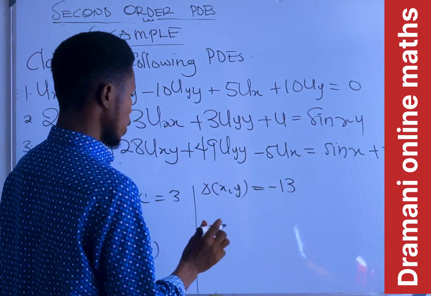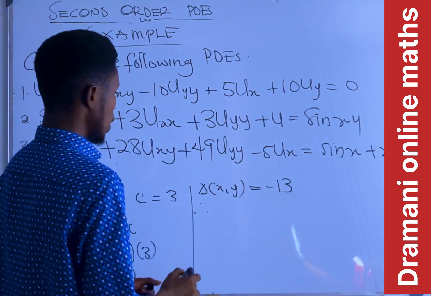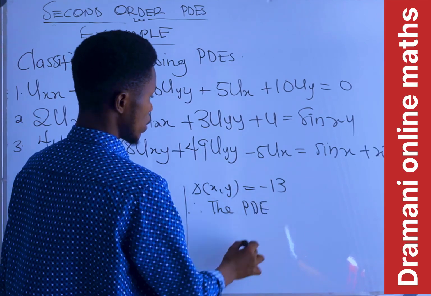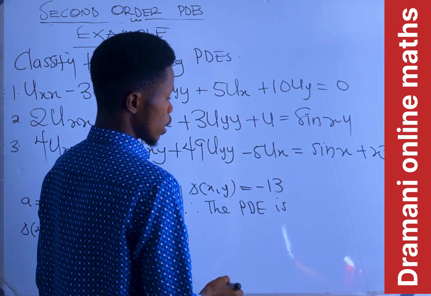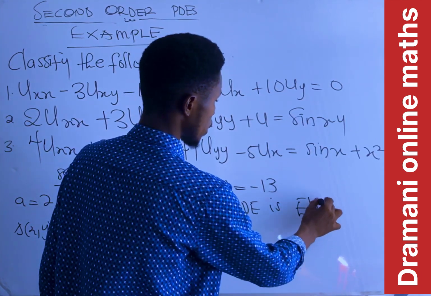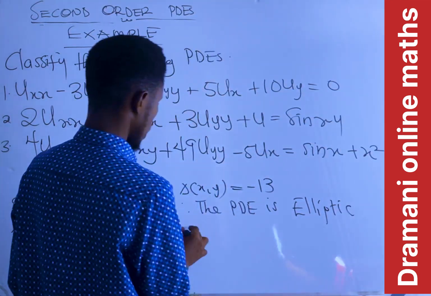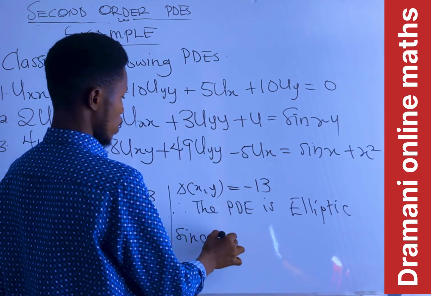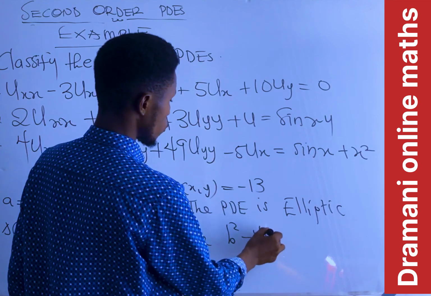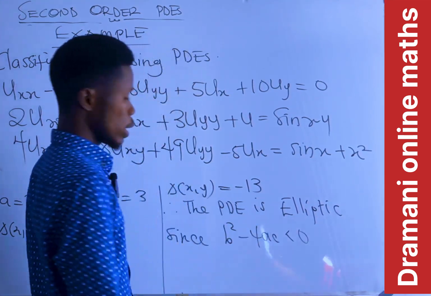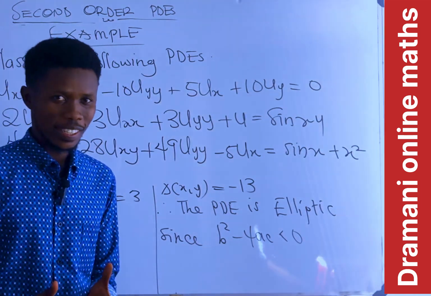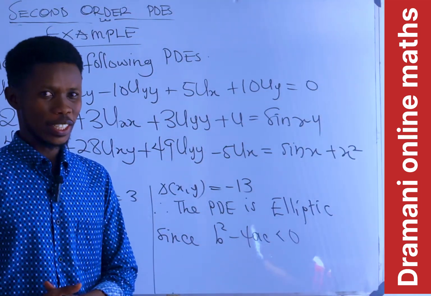Since we are getting a negative answer, then we can say that the PDE is elliptic, since the discriminant, or b squared minus 4ac, is less than 0. Is that okay? Yes. So you can try your hands on the last one and see. Is that okay? Yes. Let's look at the last example.